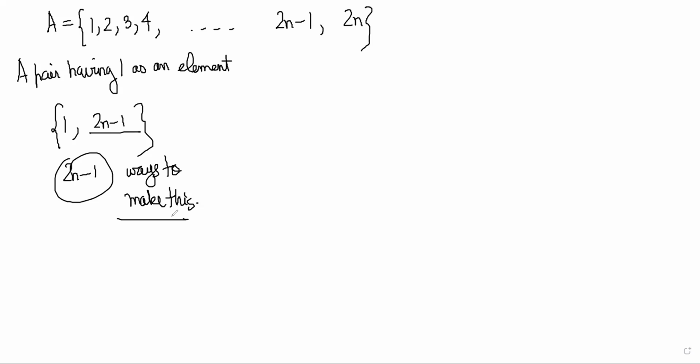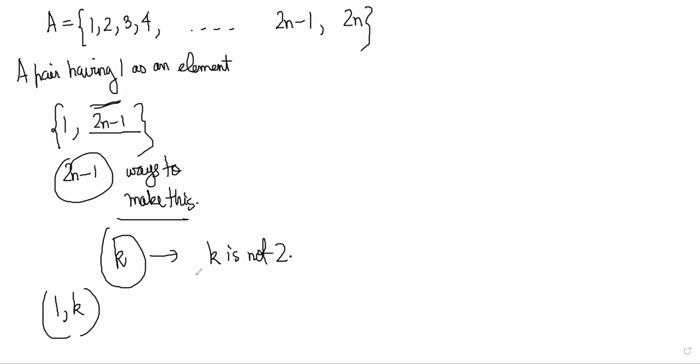Now let's say the selected element here is k, so the pair is 1 comma k. And let's assume that k is not 2, because if it was, we'll just do the thing and then we'll understand what is happening.